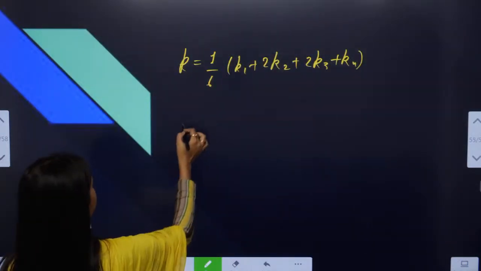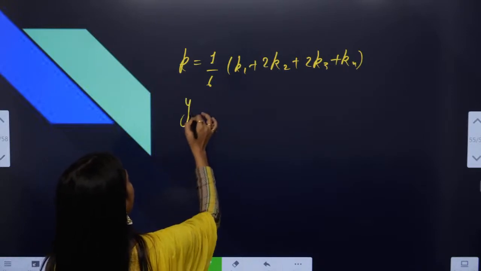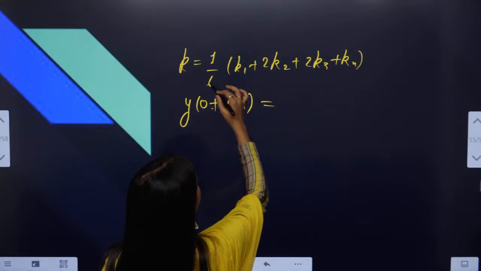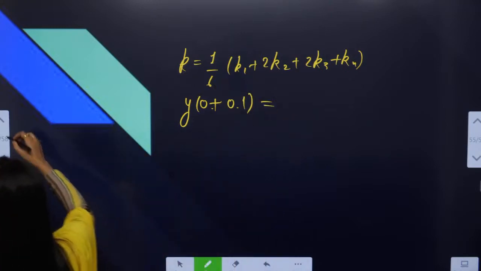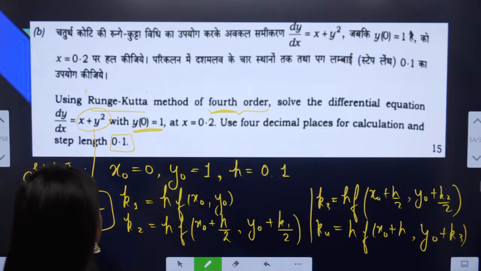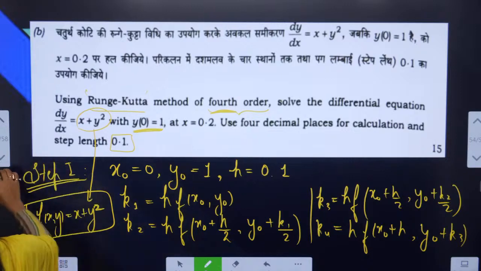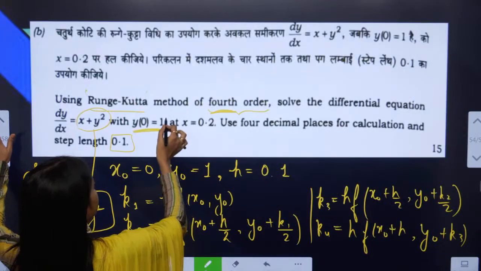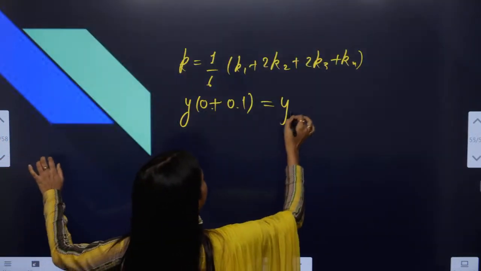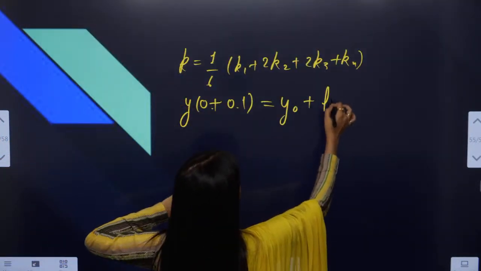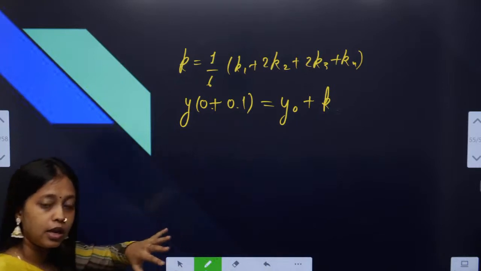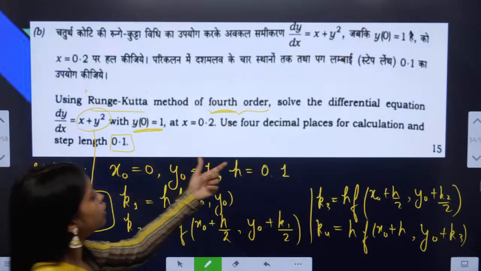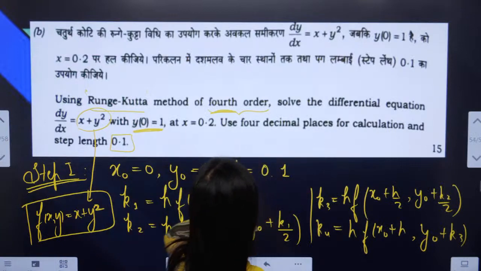So this y of 0 plus 0.1 will be y naught plus k. So this is y naught, that is one, y naught plus this value of k. This is step 1. How many steps are required? That is given right here. Use the 4 decimal places for calculation.